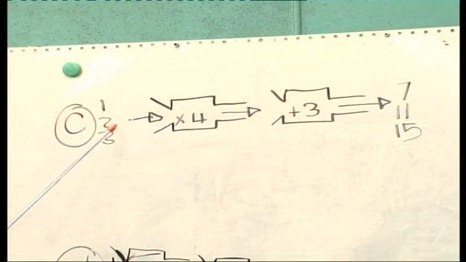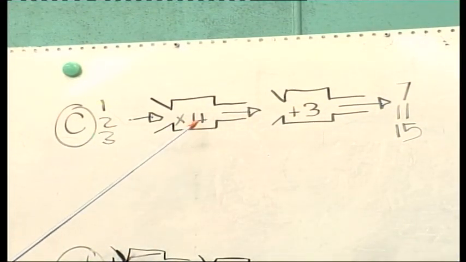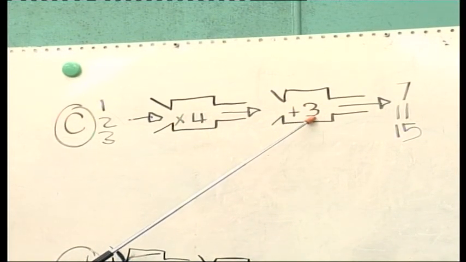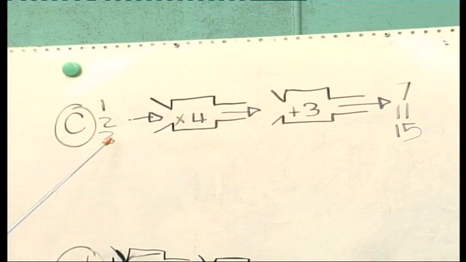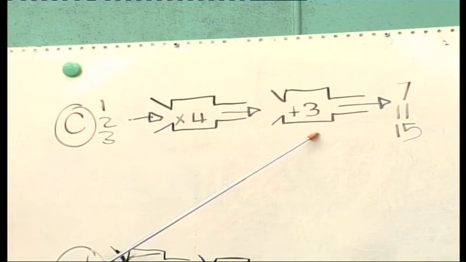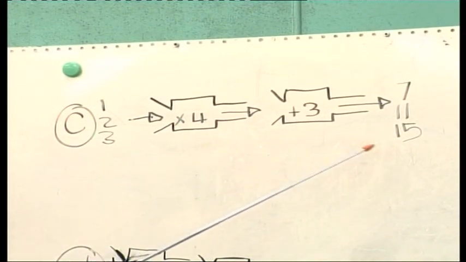Good. Next, 2 multiplied by 4 is equals to 8. Plus 3, 11. Good. Last one, 3 times 4 plus 3, 15. Is it correct? Okay.